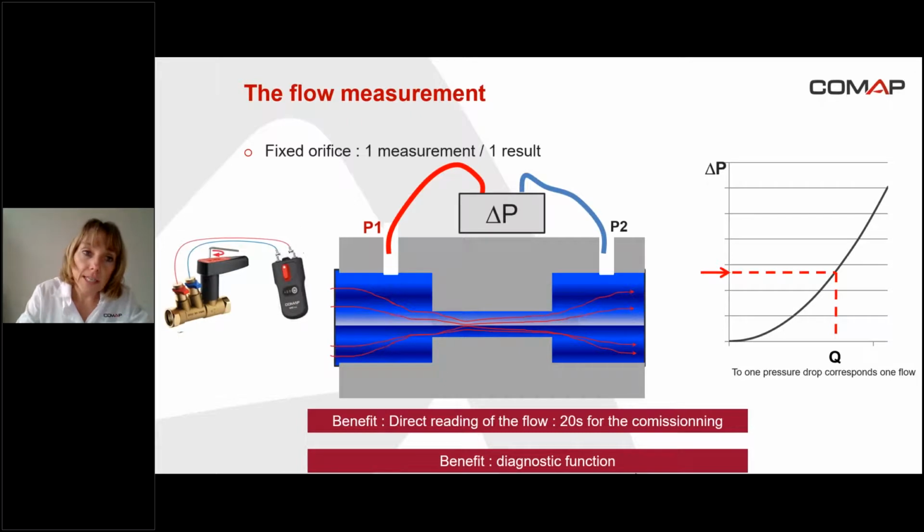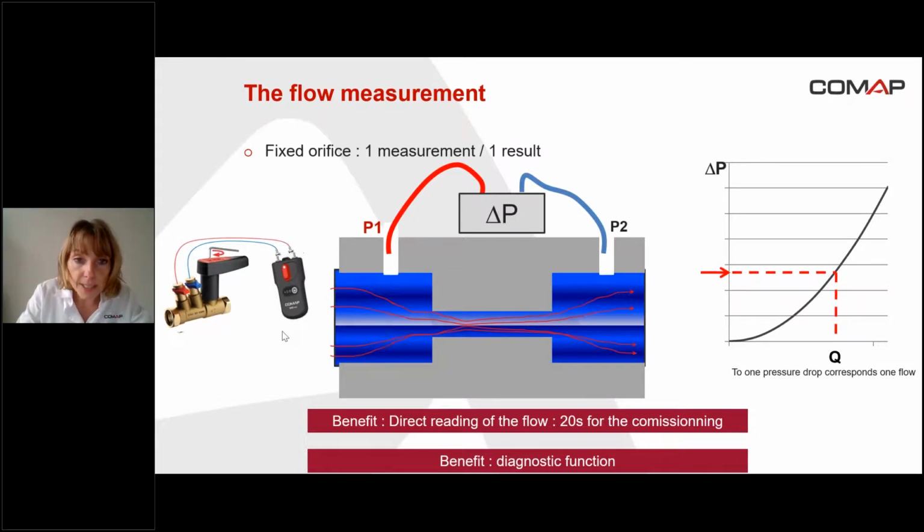The flow measurement now. In order to measure the flow, it's necessary to plug the balancing device to the pressure ports. And in the balancing device, the only input is the name of the valve, for example, Fluctus valve DN15S. And with only this information, it's possible to read the flow directly.